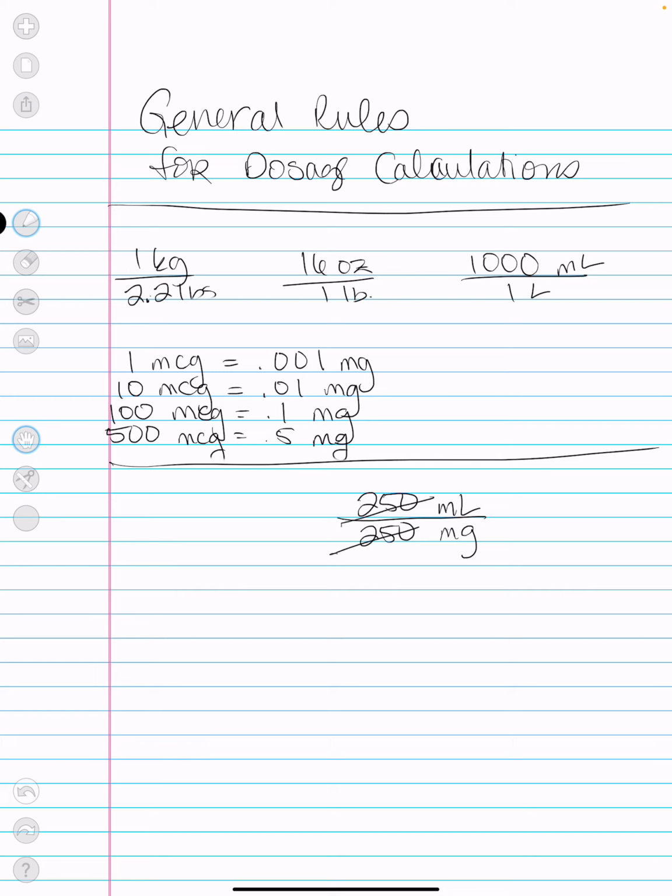You can cross these two numbers out, because 250 divided by 250 is 1. So if you have milliliters over here and milligrams up here for whatever these formulas are, then you can cross these out, and that whole thing is toast. If you have the same number on the top and the bottom, you can cross those out. It gives you a whole lot easier calculation to try to get through.